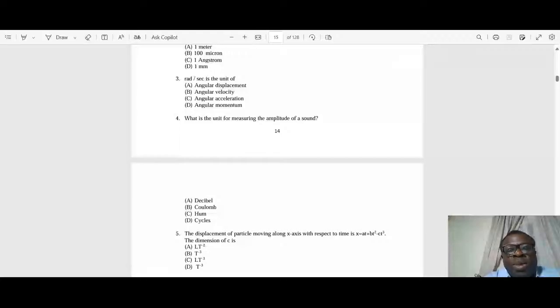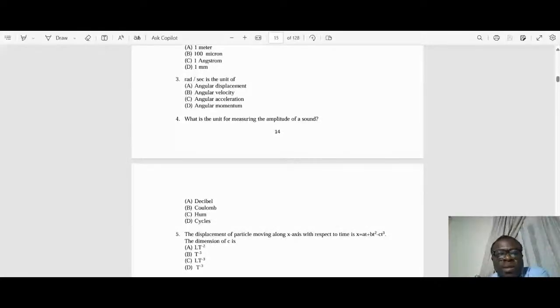What is the unit for measuring the amplitude of a sound? A. Decibel. B. Column. C. Hum. D. Circles.